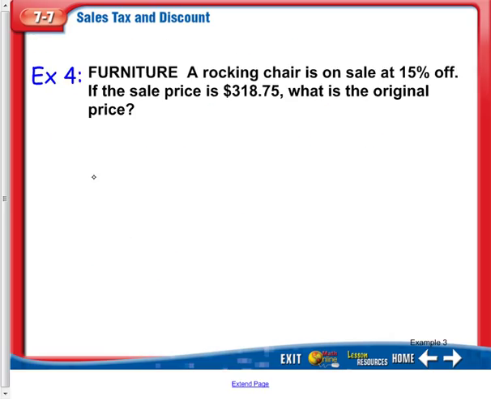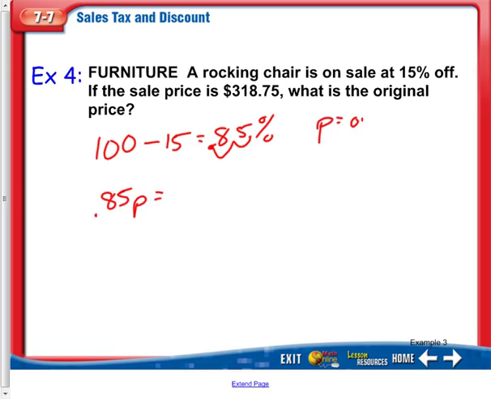All right, a rocking chair is on sale at 15% off. If the sale price is $318.75, what is the original price? Okay, so again, the original price is your 100%, but now we're subtracting the 15%. So we're actually paying 85%, all right? So let's move our decimal, 1, 2. Okay, so we have 0.85 times P, which is the original price.